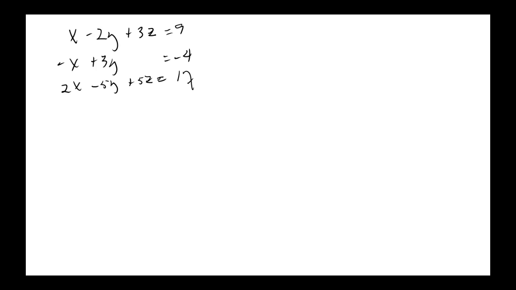Now later we'll do some manipulation to that, but for right now, the question is, which system is easier to solve? That system or x minus 2y plus 3z is equal to 9. That's the very same equation at the top. The next one is y plus 3z is equal to 5.